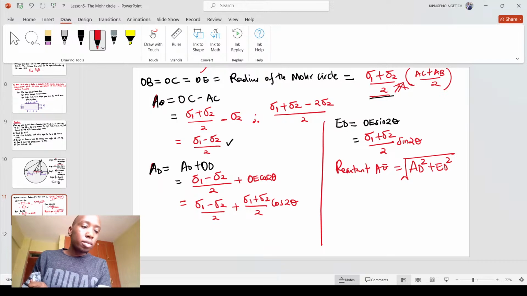Very good. So with that, you can now obtain the resultant, the tangential stress, and the normal stress on an oblique section using the Mohr circle.